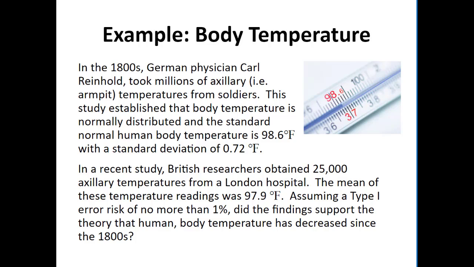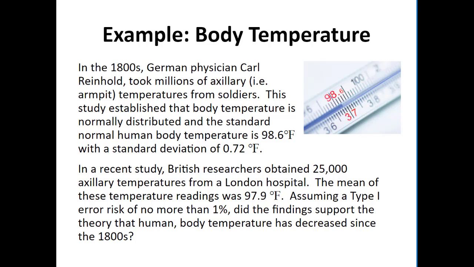So the scenario is, in the 1800s, German physician Karl Reinhold took millions of axillary temperatures from soldiers. This study established that body temperature is normally distributed and the standard human body temperature is 98.6 degrees Fahrenheit with a standard deviation of 0.72 degrees Fahrenheit.